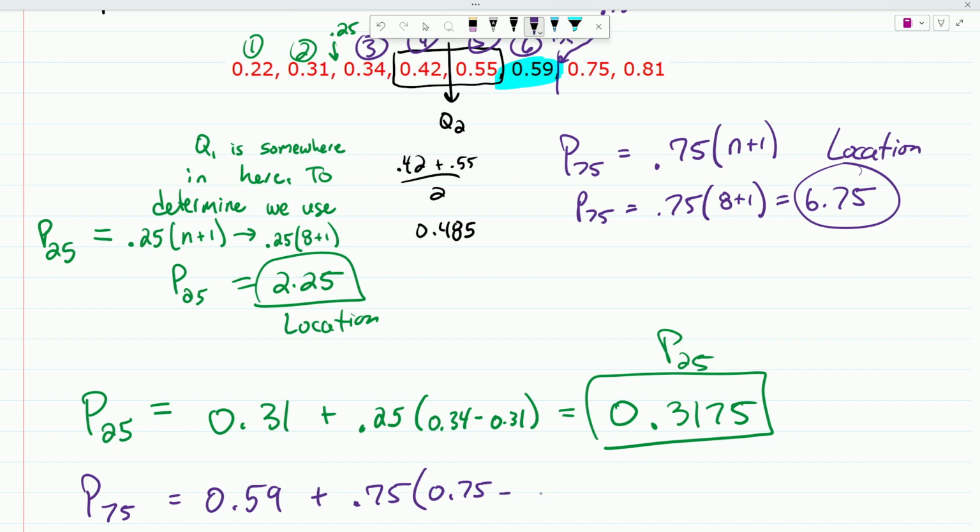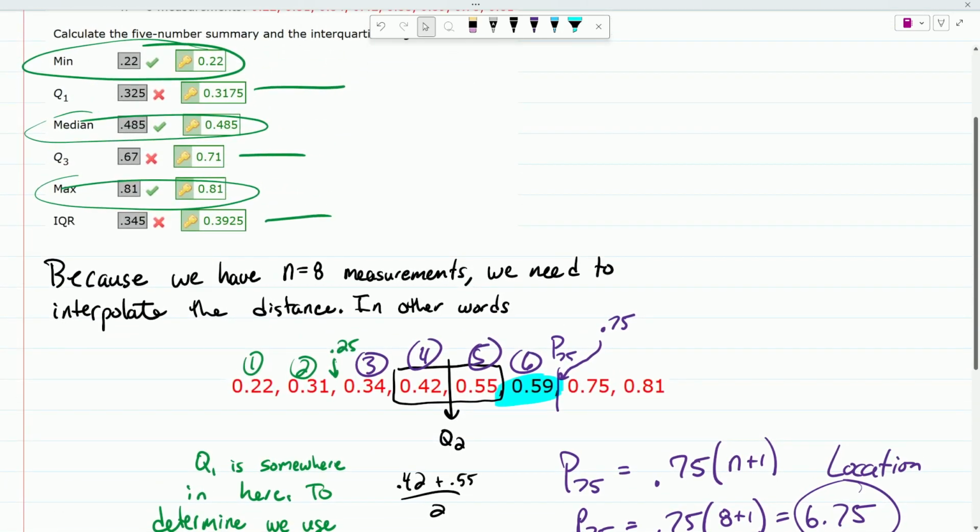So 0.59 plus 0.75 times the quantity 0.75 minus 0.59, and that's going to give me 0.71. And if I scroll back up, that's exactly what I needed.